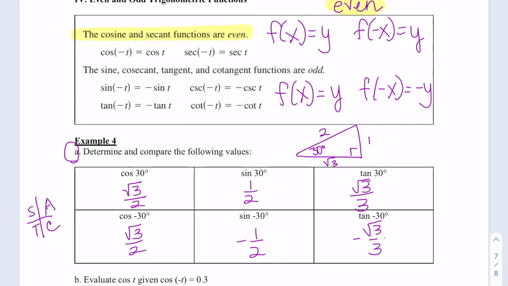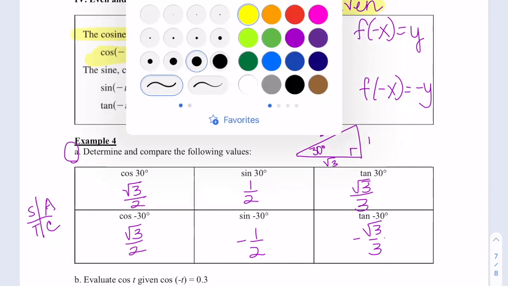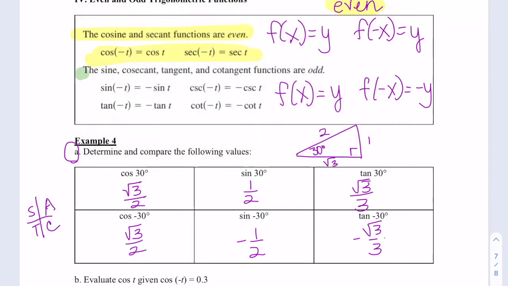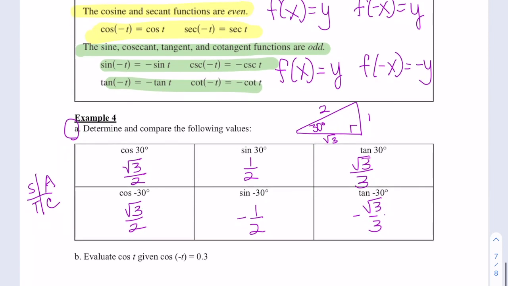So the cosine and its reciprocal are even functions, versus everything else. The sine, the cosecant, the tangent, and its reciprocal cotangent are all odd functions. And this is really from the rule all students take calculus, with the coordinates for x and y.